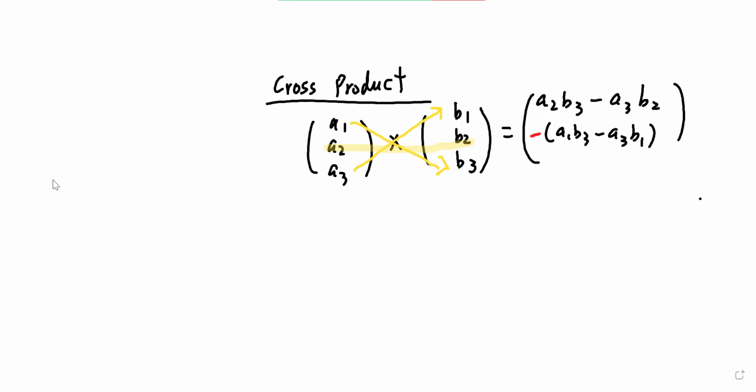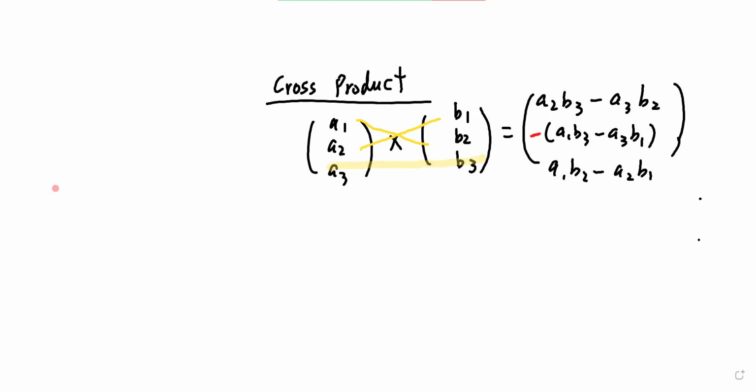And last but not least, to get the K component, I will cover the last part over here. Then it will be A1B2 minus A2B1.